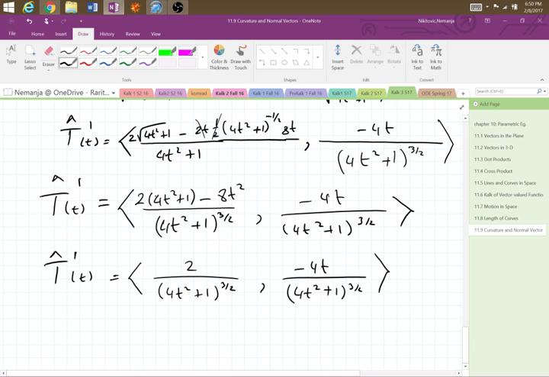So how did you get, so you have this guy, right? So you multiply top and bottom here by 4t squared plus 1 to the positive 1/2.